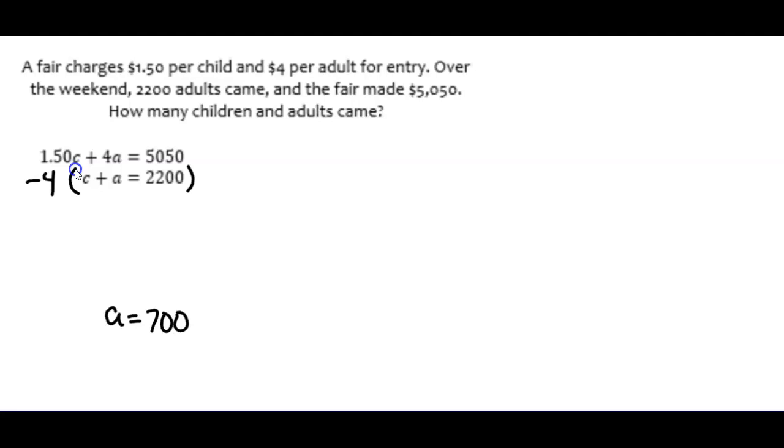I'm not going to show you the work. If you don't know how to do it, you need to come in and see me. Okay? So, A equals 700. So then, therefore, C is equal to what? 1,500. So the way that I would write that is A comes first. 700 comma 1,500 is how you would write that.